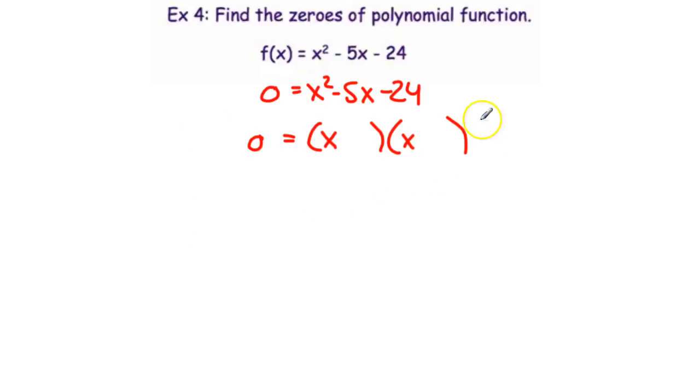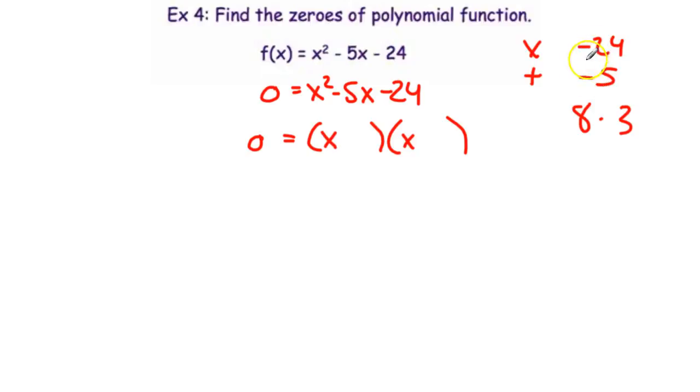All right, so what numbers, when I multiply, equal negative 24, because I did 1 times negative 24, and when I add, they equal negative 5? You can always list them down if you can't figure it out, but I know 8 times 3 is 24.